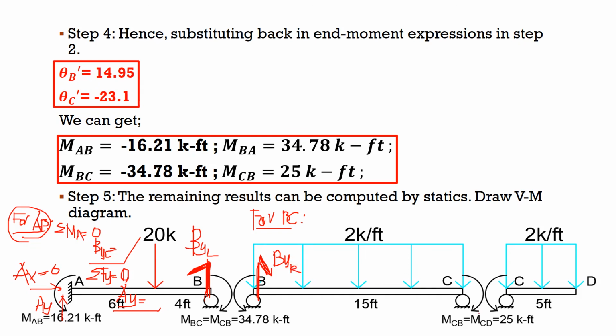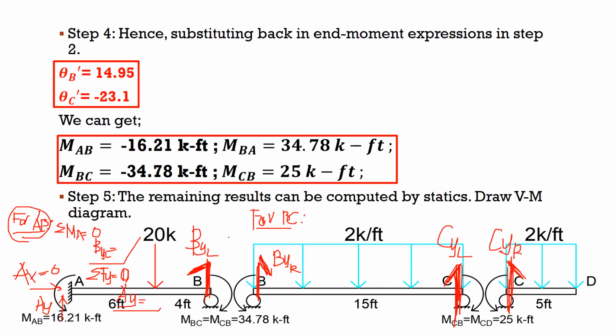The same with C, since you have a pair in CD. So what you get is CYL, the left side again. And for CD, there is a pair, CYR, on the right.